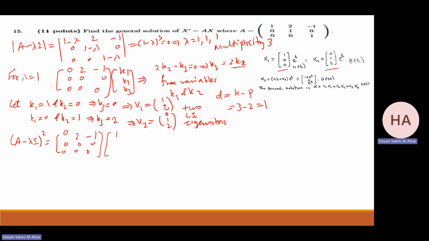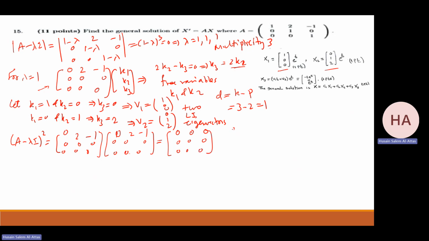This is the matrix, this is A minus lambda I. Yeah, I need it times itself. 0, 2, minus 1, 0, 0, 0, 0, 0, 0. That will be what? This times this is 0. This times this, 0. This times this, 0. The rest are zeros. So it's a zero matrix.